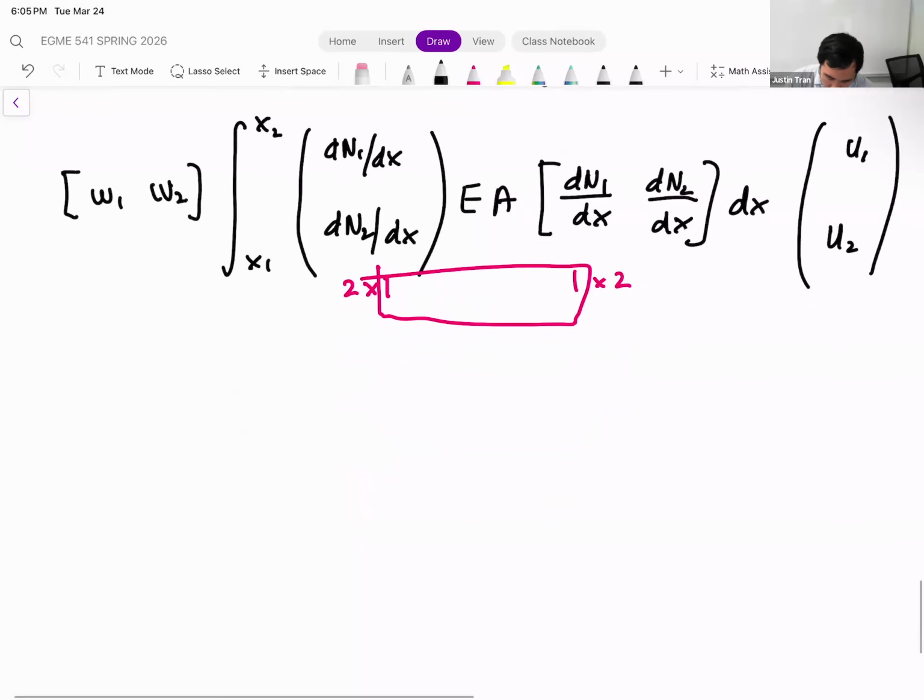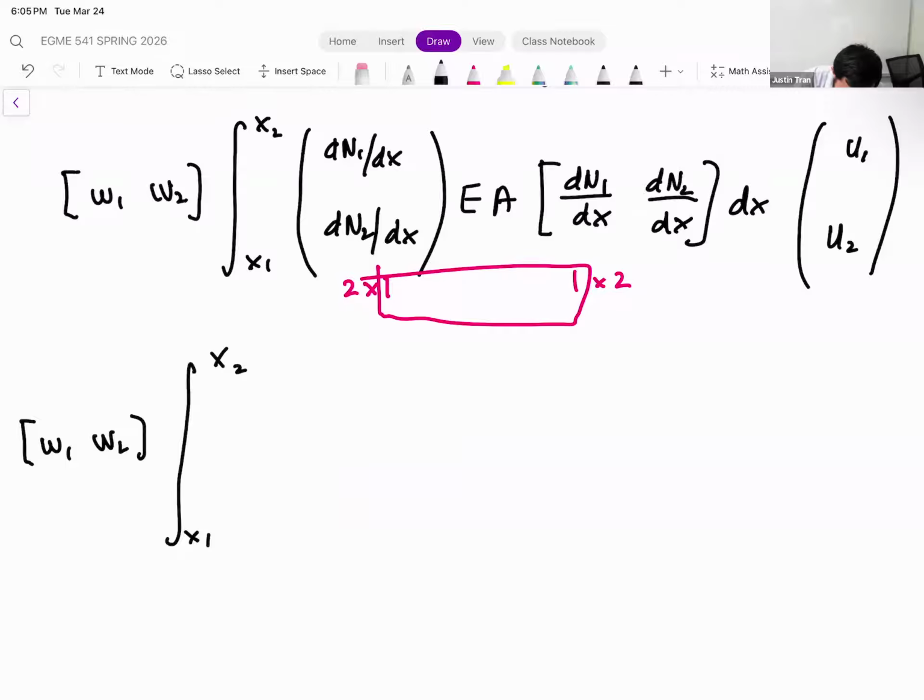If you write it out, you get the following. You have w1, w2 times the integral from x1 to x2 of a 2 by 2 matrix.